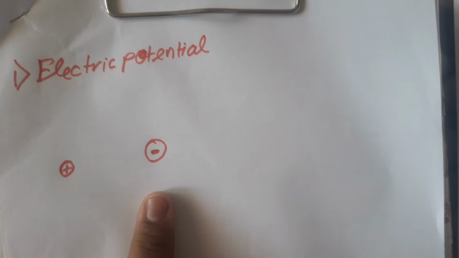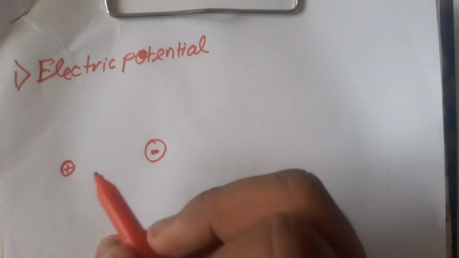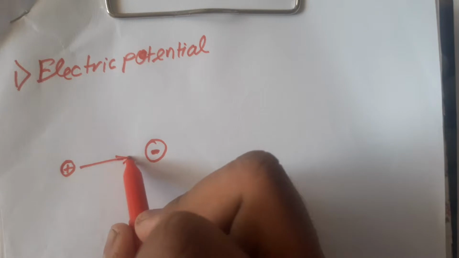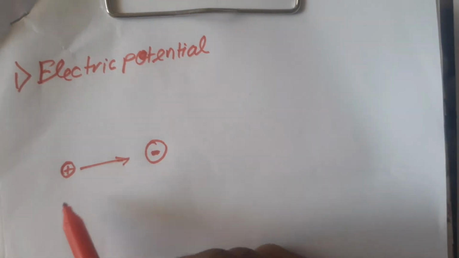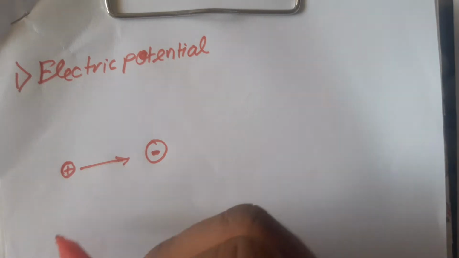This negative charge will put a force of attraction on the positive charge. It will pull the positive charge towards it, so there will be a force of attraction on the small positive test charge.